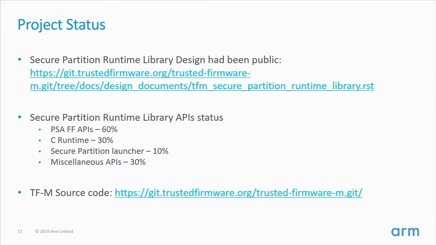For C runtime APIs, we have almost finished about 13%. The secure partition launchers, we have just finished about 10%. And for the miscellaneous APIs, we have finished about 13%. And you can download and refer to the source code of TF-M from this link.